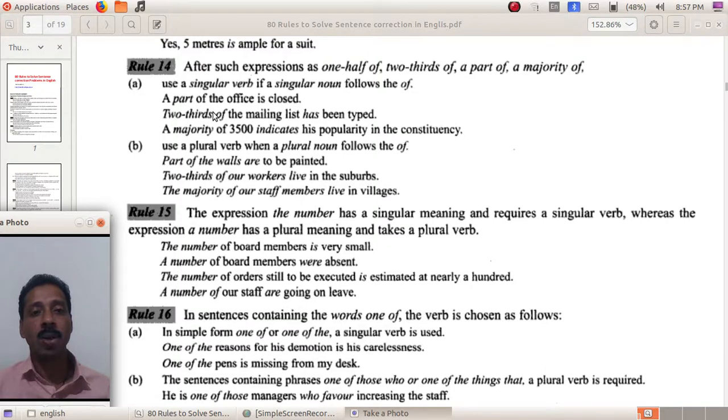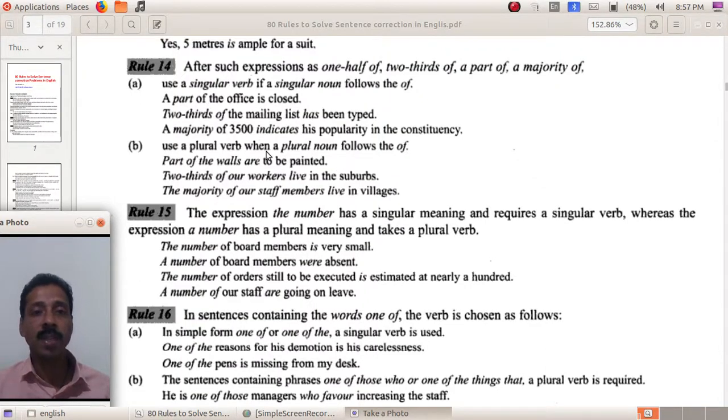So, office is singular. 2/3 of the mailing list has been typed. A majority of 3,500 indicates his popularity in the constituency. Use a plural verb when a plural noun follows the of. Part of the walls are to be painted.